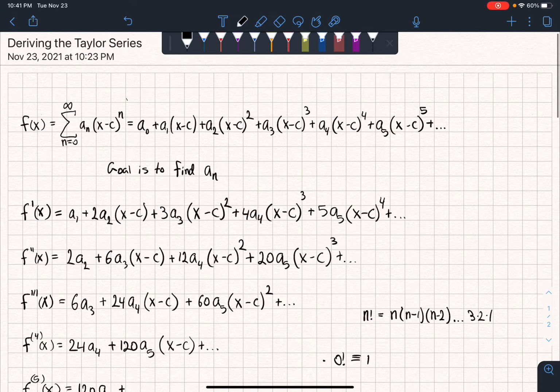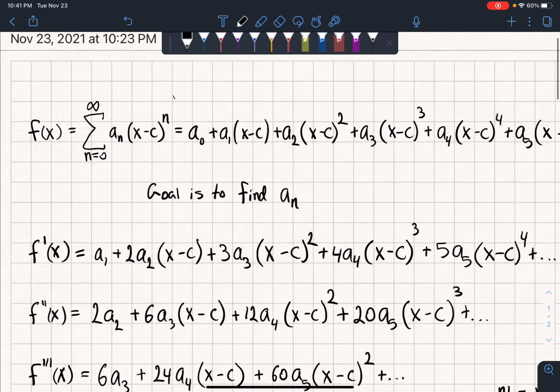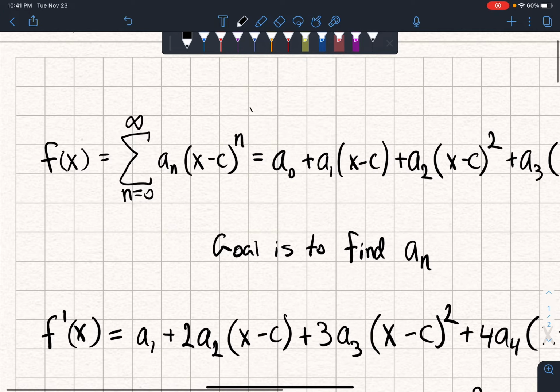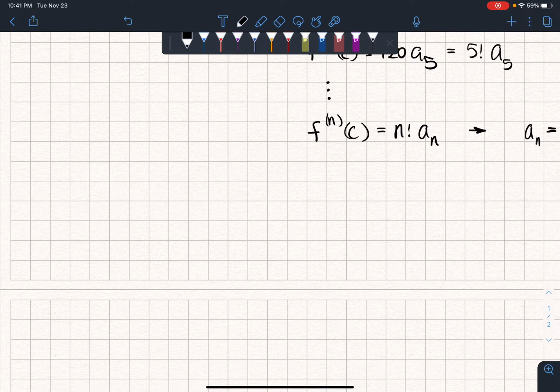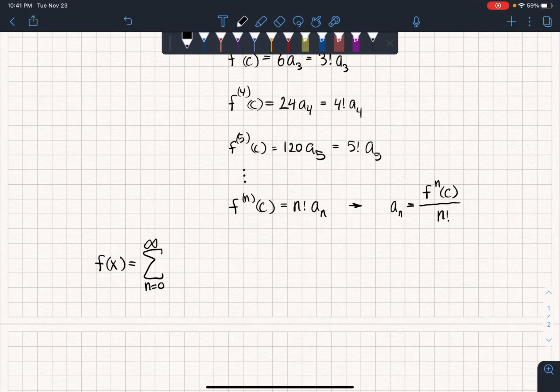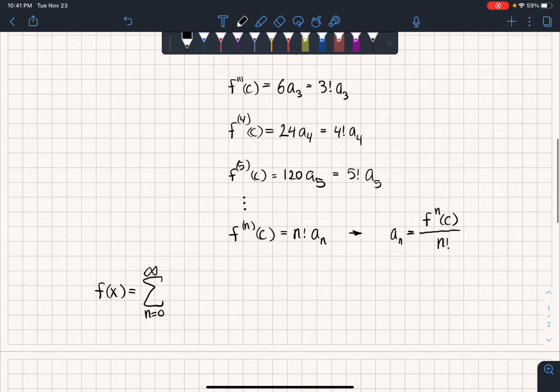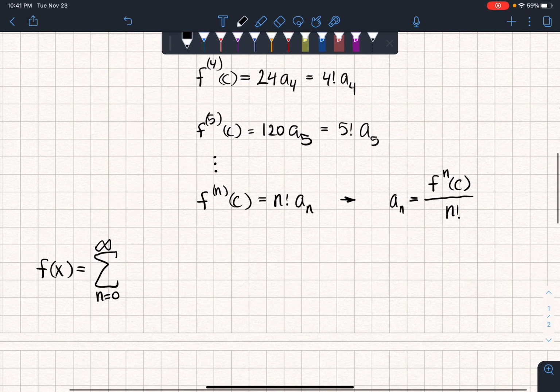Now coming back up here, we can substitute this formula back in for a sub n. So we can say that f of x is equal to the sum from n equals 0 up to infinity of, not a sub n anymore, but the expression that we just derived.